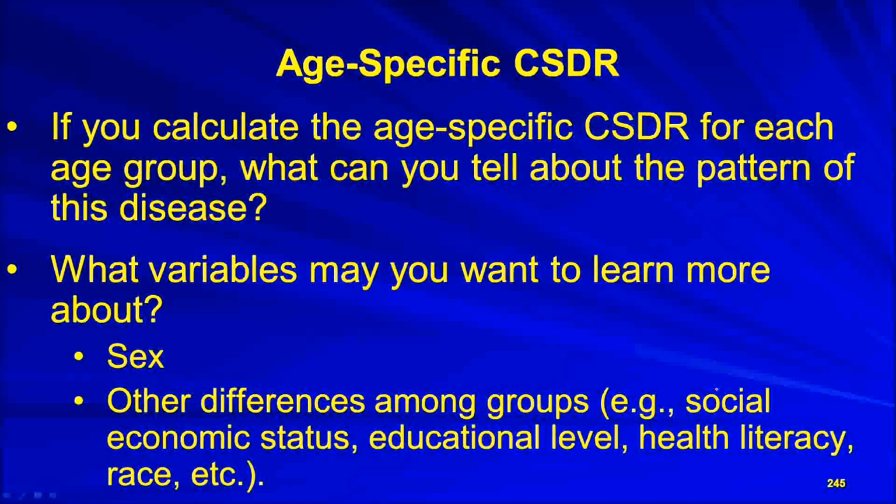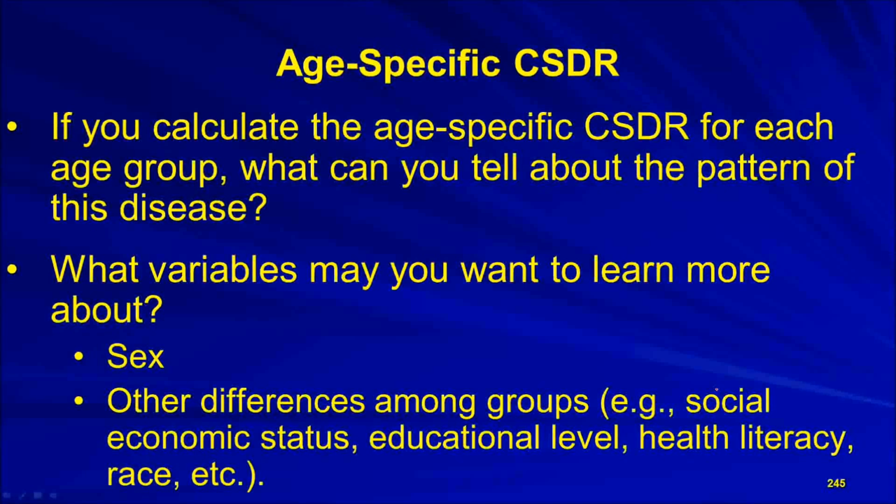You could look at socioeconomic status, educational level, health literacy, race. In other words, we're looking at the demographic factors again because they're the easiest, the most readily available, and often these factors alone provide a lot of information about the particular problem and who we're going to focus on, and then what type of intervention we might use to change the population in terms of this particular health problem.